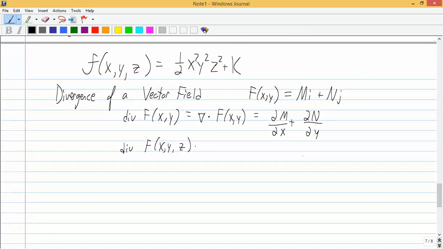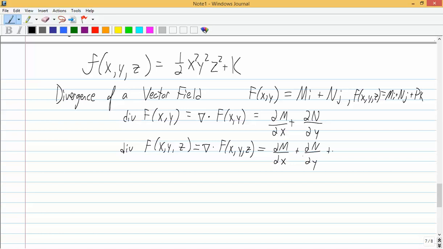And then if that's in 3 dimensions, of course, it just picks up one more partial derivative. So of course, then you just have plus pk. So you have f of x, y, z equals mi plus nj plus pk, and that's going to be equal to the partial of m with respect to x plus the partial of n with respect to y plus the partial of p with respect to z.